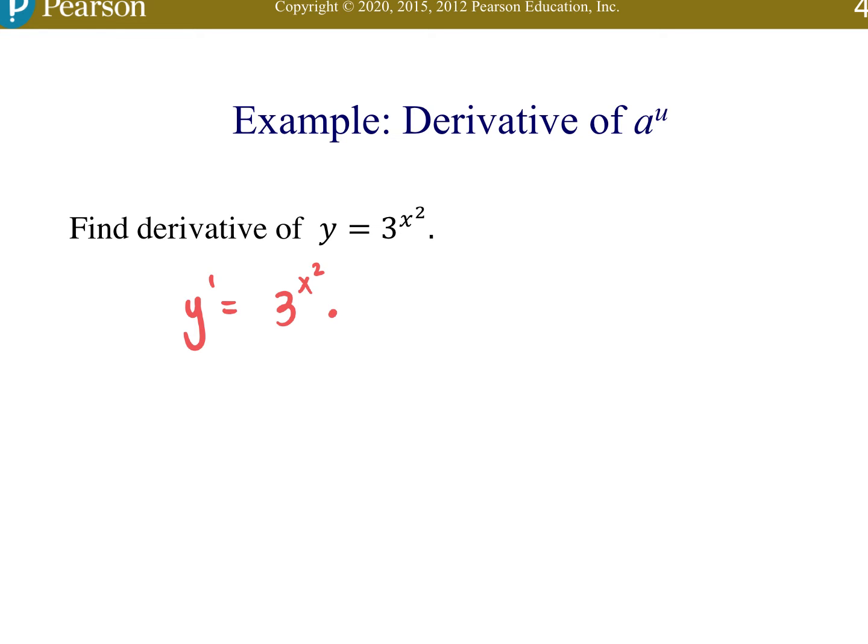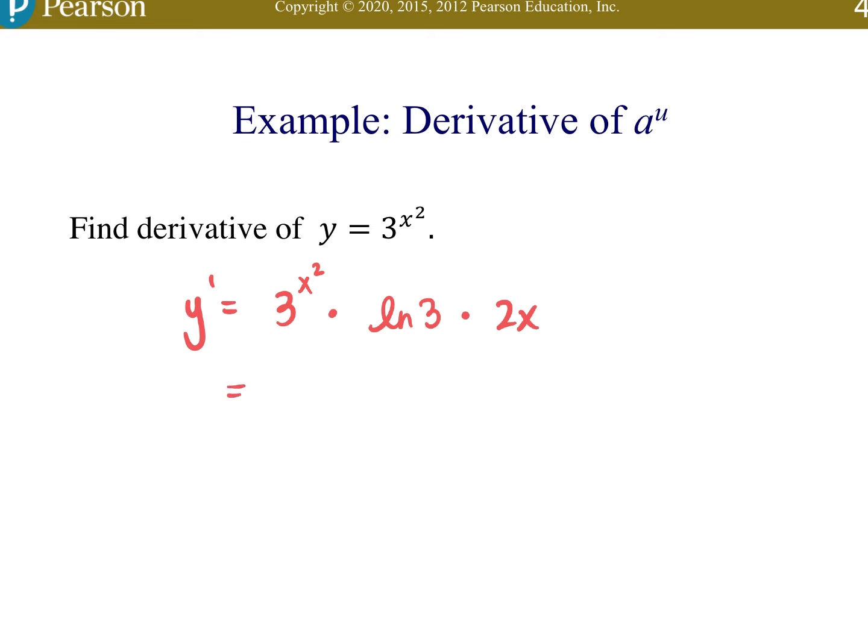And then the second part is going to be what? Natural log 3, that's what made it the exponential. And then the last part would be to apply the derivative rules to whatever the power is. So I'd have 2x. And that's it.